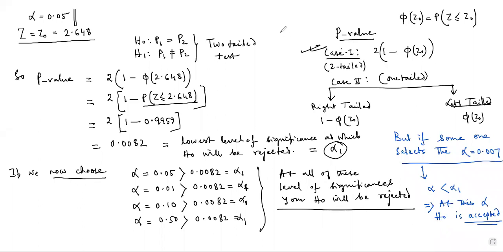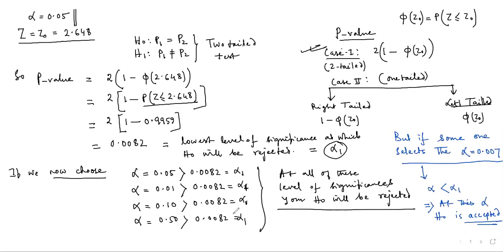Now, diagrammatically, if we want to measure the thing, what is happening over here? So suppose I'm going to draw the diagram once again. And as I told you, for some Z naught, we actually got this probability, say 0.0082, isn't it?